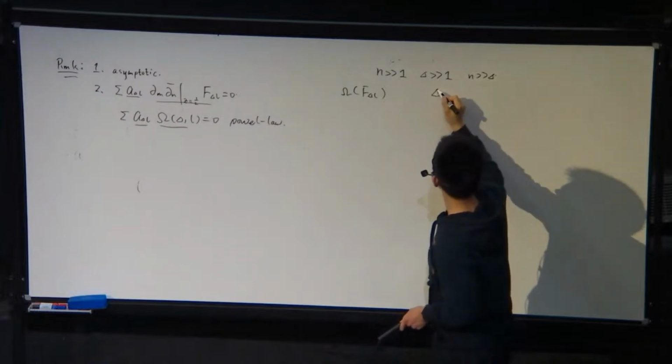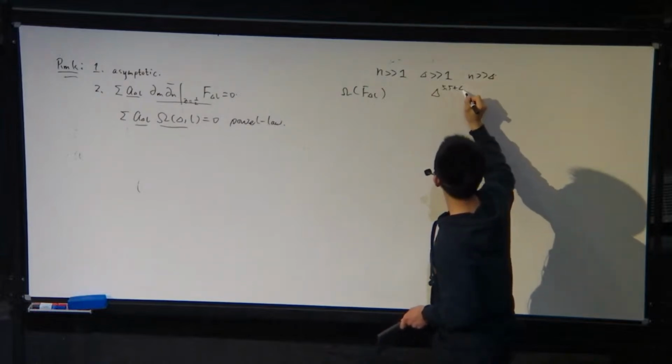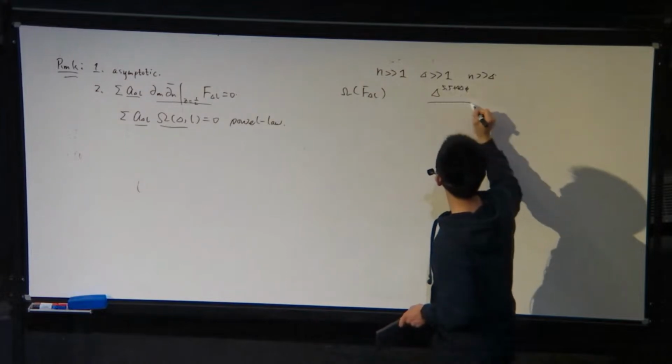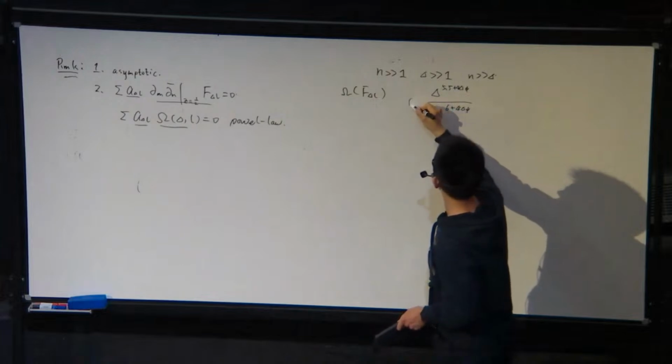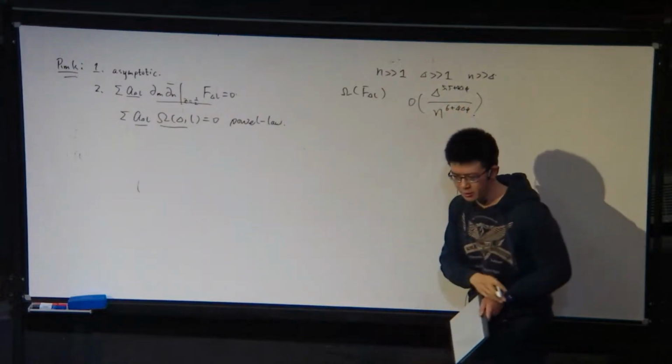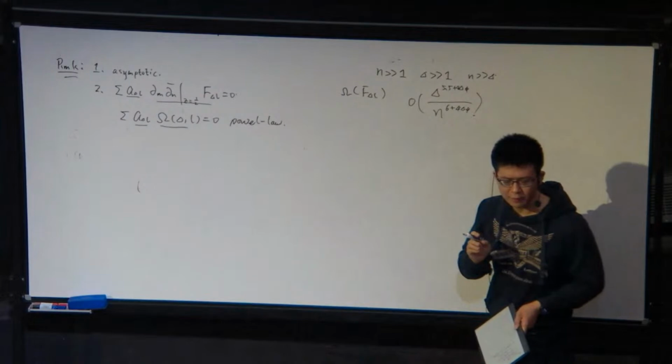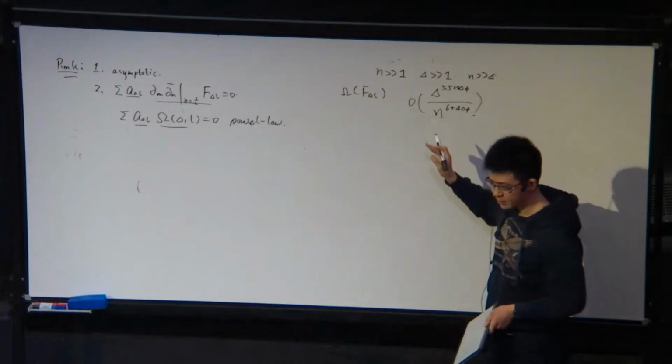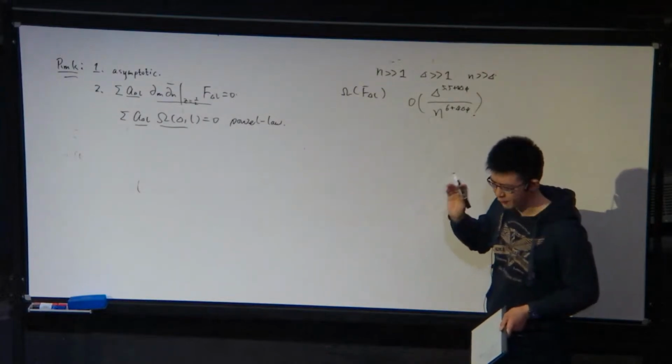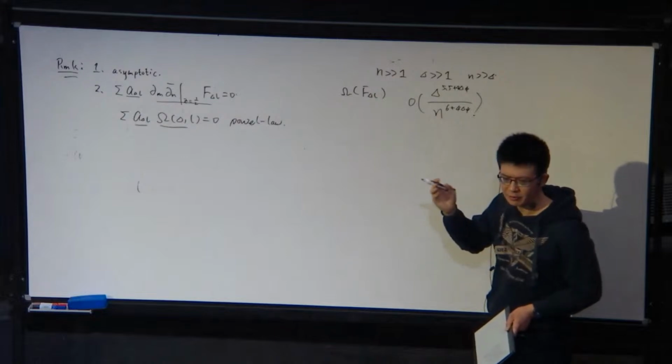So it is dominated by 5.5 plus. It goes like this. So for small delta, this expansion works pretty well, but for large delta, it converges very slowly.